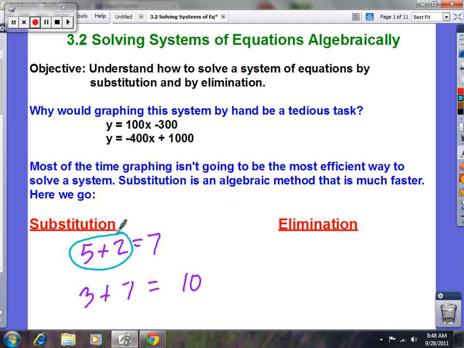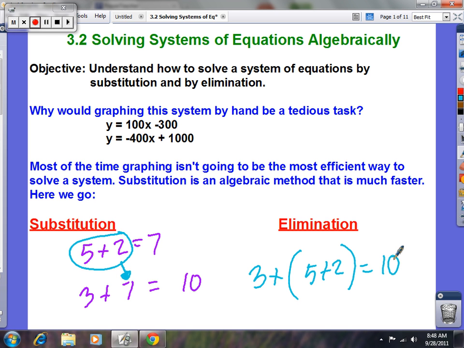So anytime I come across a 7, I am going to substitute in place of 7 something that is equal to it. I'm going to substitute 5 plus 2. So I'm going to rewrite this whole problem as 3 plus, I'm not going to write 7. I'm going to substitute what is equal to 7, which is 5 plus 2 equals 10.